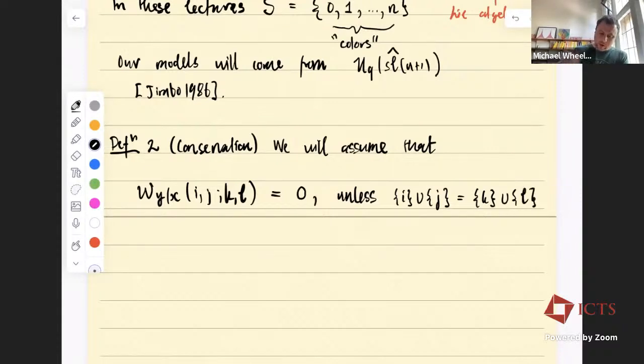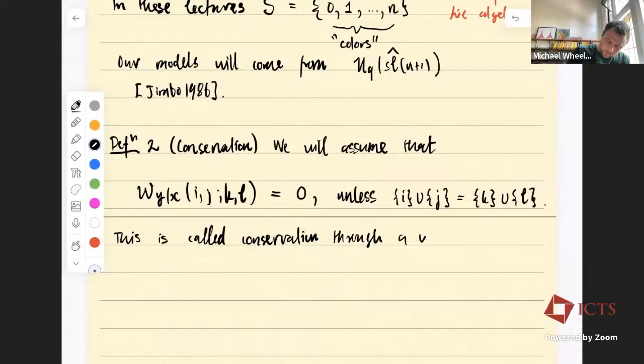Okay, and you should think of these unions as being in the sense of multi-sets. So, in particular, if i and j are equal, then when I take their union, it's like I have 2 copies of the same element. Okay, so this property here is called conservation, or conservation through a vertex. And so in words, what it means is whatever states come into the vertex have to exit it.